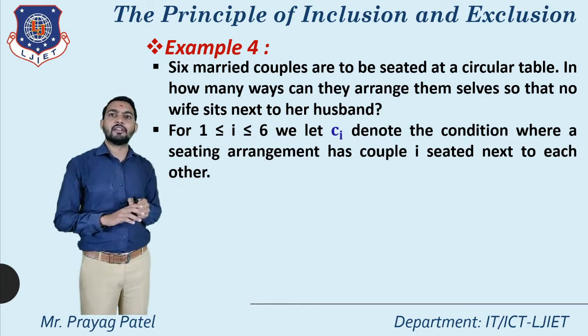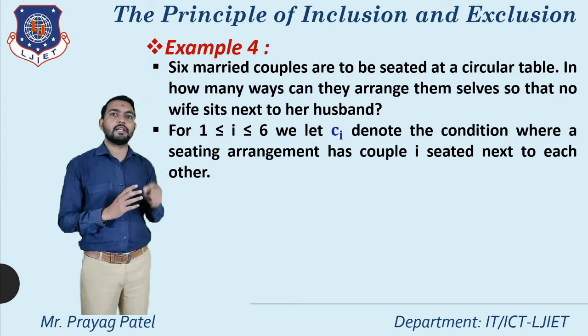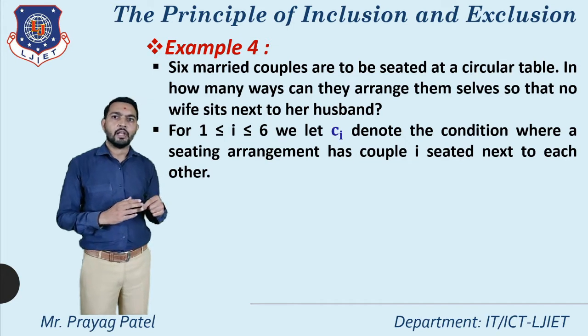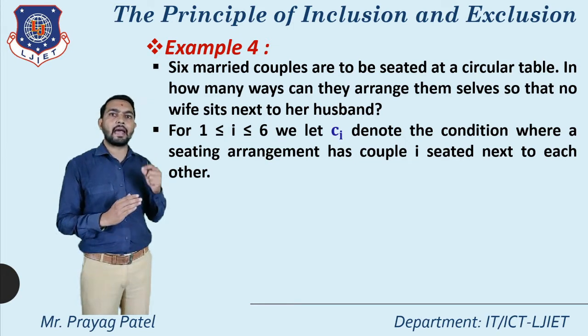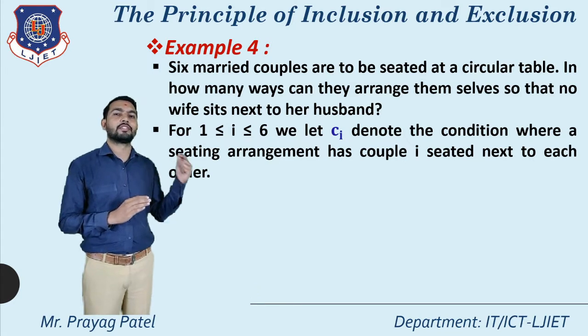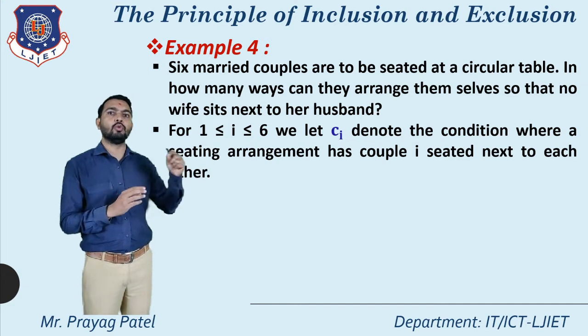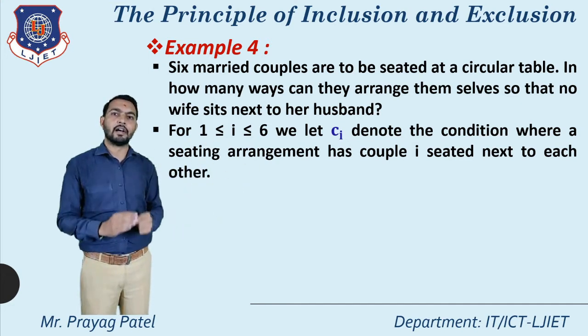So your condition is that 6 married couples are seated at a circular table, and no wife sits next to her husband.